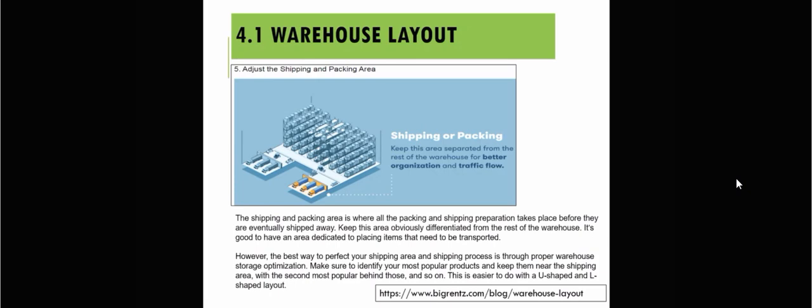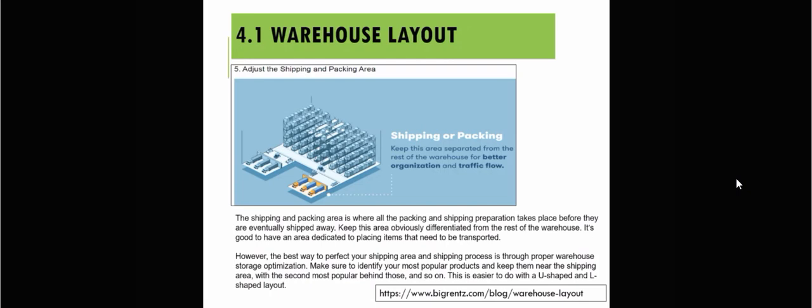Adalah tempat yang mana selalunya kita akan terus buat penghantaran. Jadi kita kena pastikan tempat ni dibezakan berbanding dengan keseluruhan warehouse. Kawasan ni hanya khusus untuk barang-barang yang akan kita hantar kepada kita punya pelanggan.